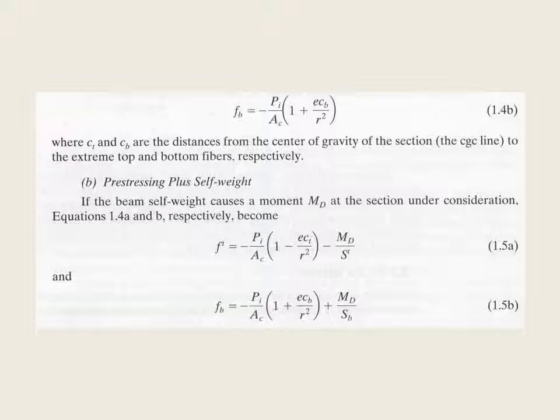The beam self-weight may cause this M sub D, or the dead load. So you simply add negative M_D over S_T at the top because it will cause compression at the top, and at the bottom it will cause tension. So that is the idea.